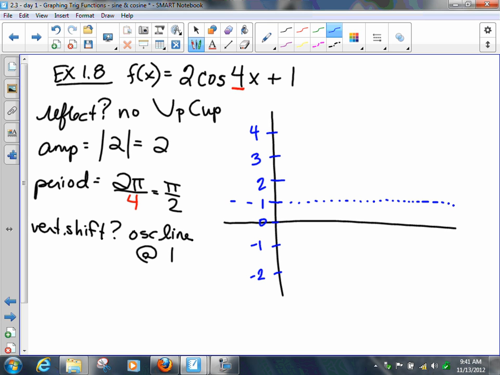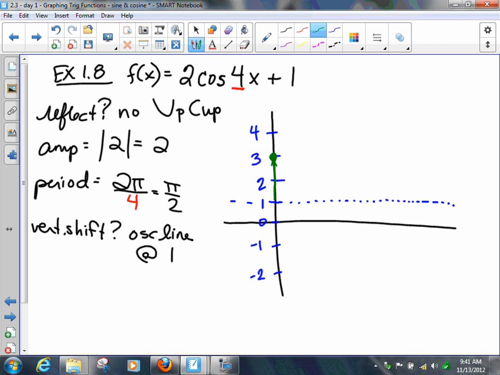Now, where will this up cup start? From the oscillation line, the maximum value is going to be how many above it? It's got to be 2 above it. So here's 1, here's 2 units above, so it's going to start at 3.